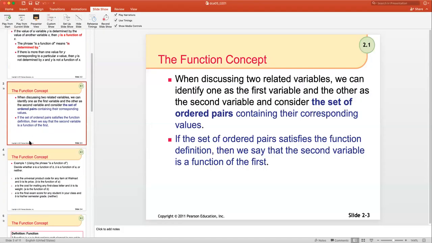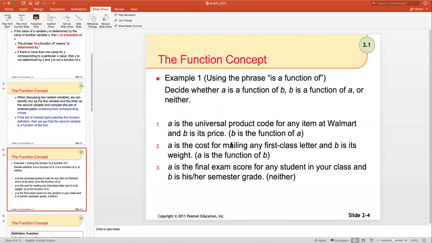Now to the next slide. All right, example one. This example is similar to the example in the textbook. Decide whether A is a function of B, B is a function of A, or neither. A is the universal product code for any item at Walmart, and B is its price.